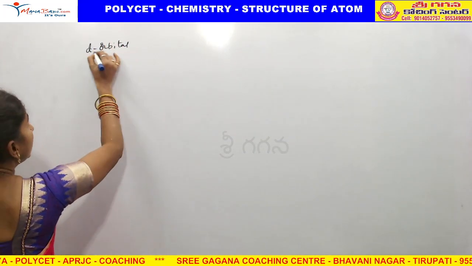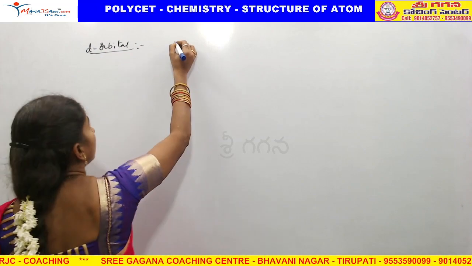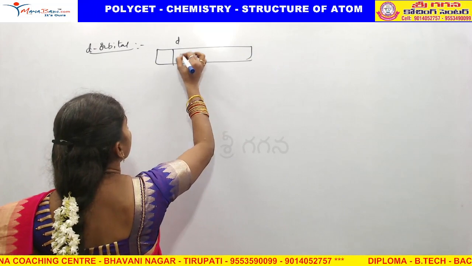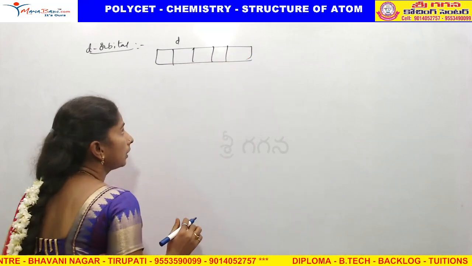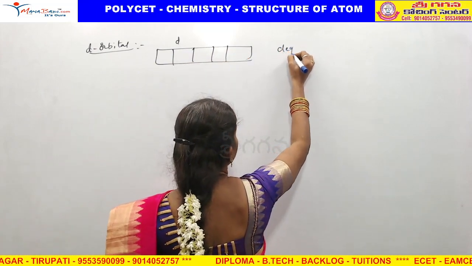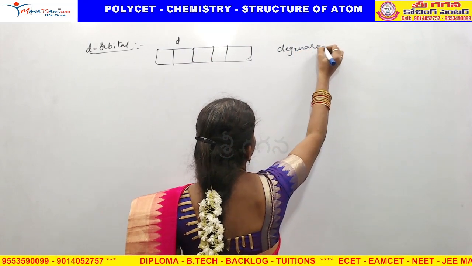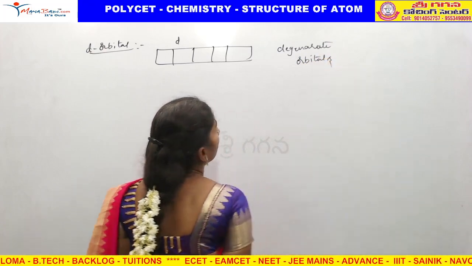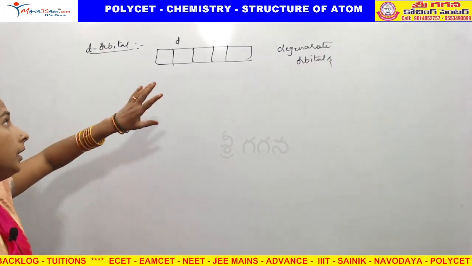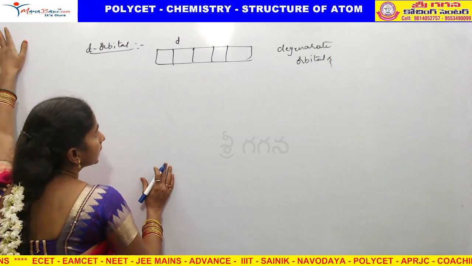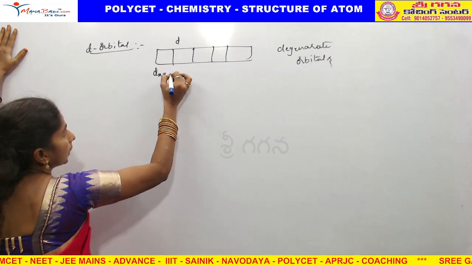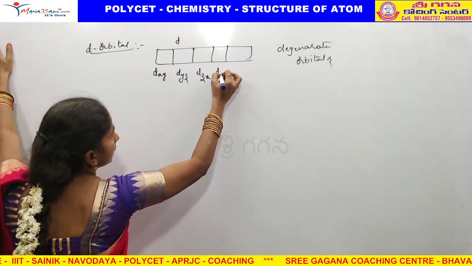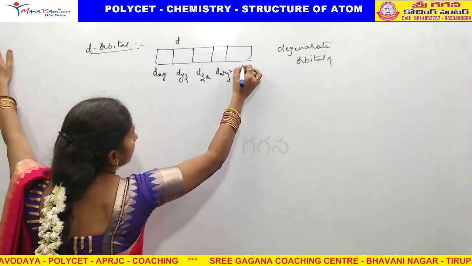The d orbital has 5 degenerate suborbitals. These are again called degenerate orbitals. For the f orbital, how many? Only one orbital, and that too a non-directional orbital. For the 5 degenerate orbitals, they are given the names dxy, dyz, dzx, dx square y square, dz square.